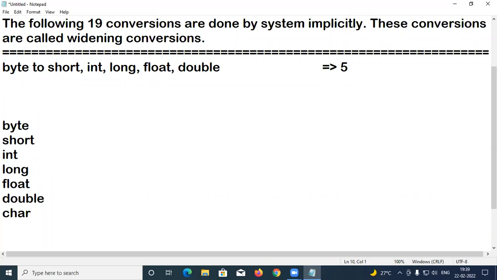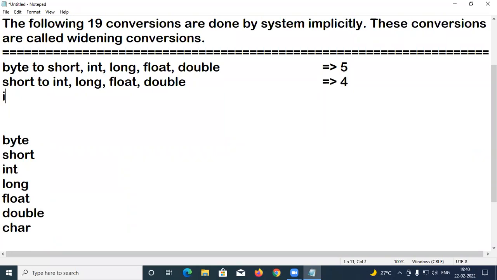After this, same for short, forward direction only. Short to int, top to bottom only, int to long, after that float, after that double. How many? 4. Same style. Now give me the answer. Int to long, next float, next double.